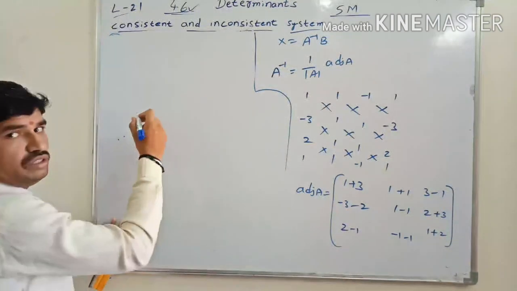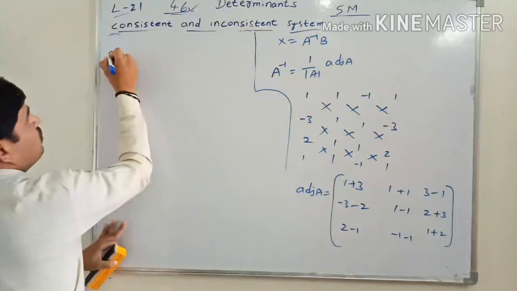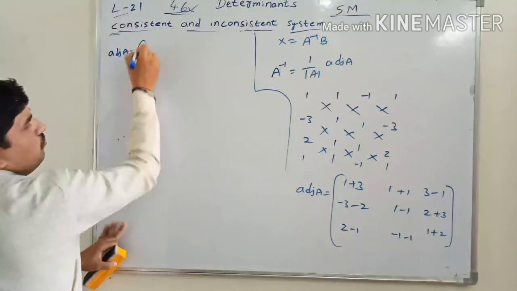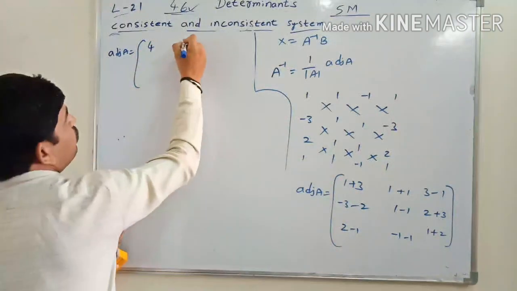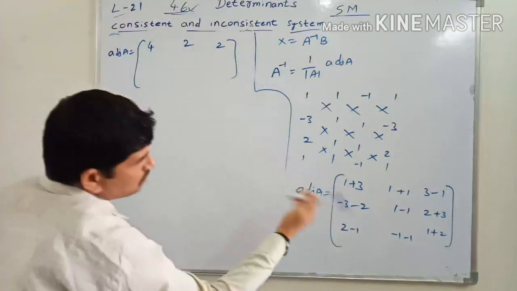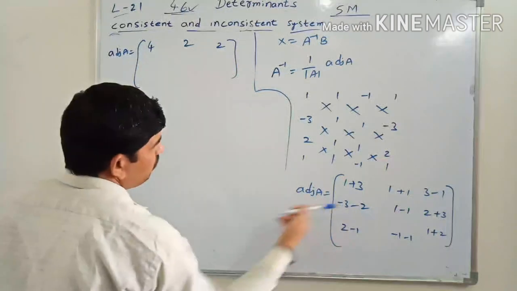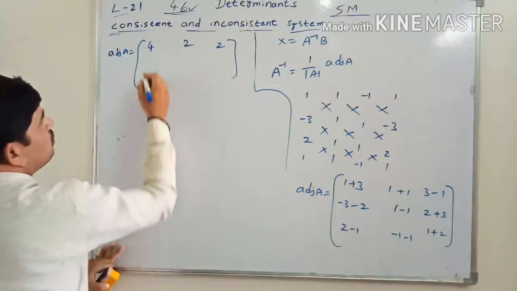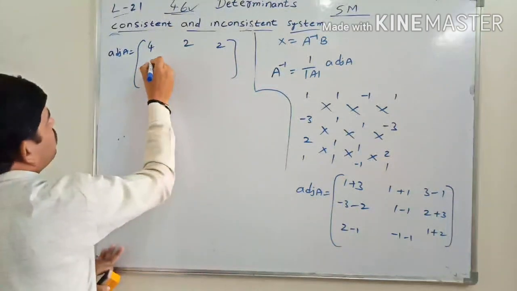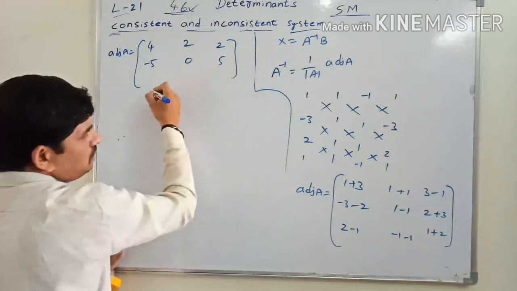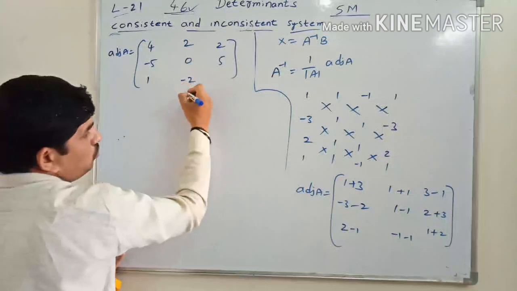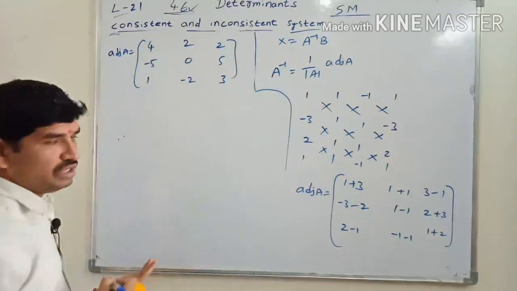So adjoint A is, we finally got 1 plus 3 is 4, and 2, this is 2 again. After this minus 3 minus 2 is minus 5, next one is 0 and 5. So 1, minus 2 and 3, so we got the adjoint A here.